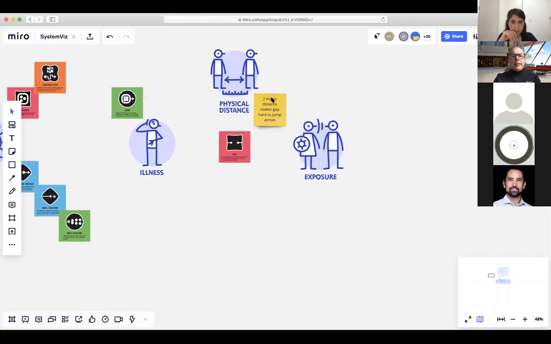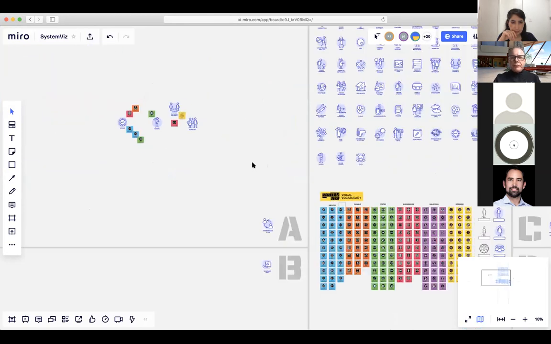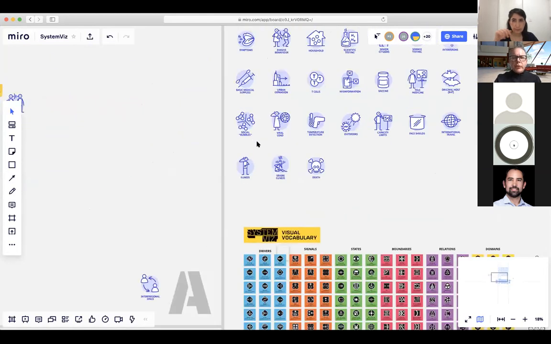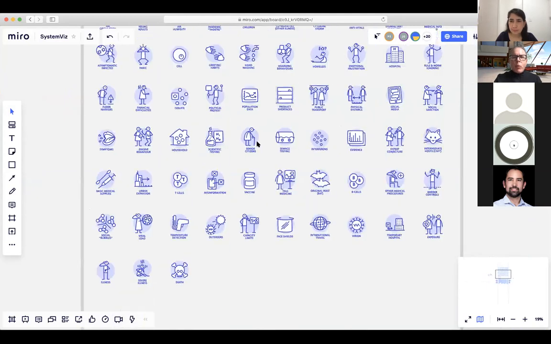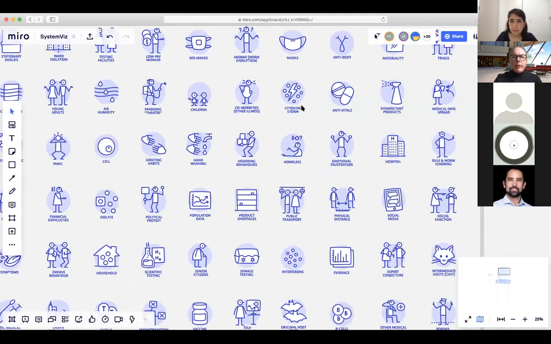So we can annotate that. But we can also think of this in terms of what happens when we introduce masks.